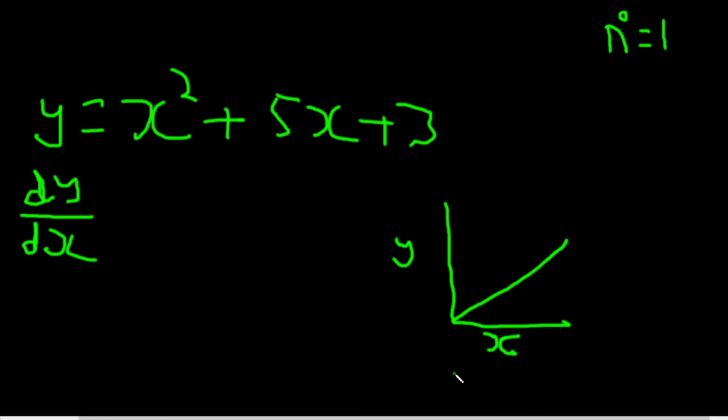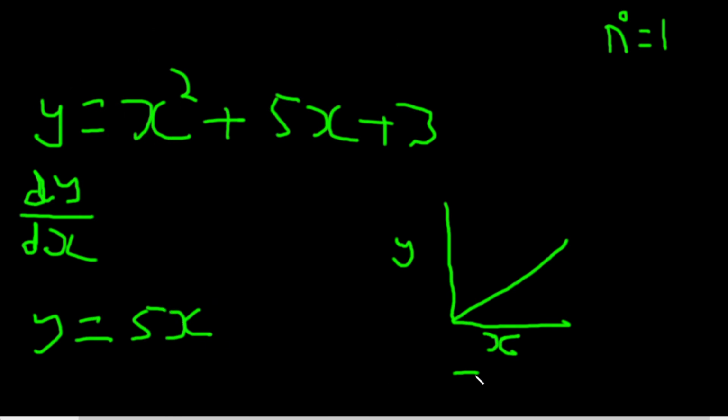So if it's a straight line, let's say y equals 5x. We can see every time x goes up by 1, y goes up by 5 times 1.